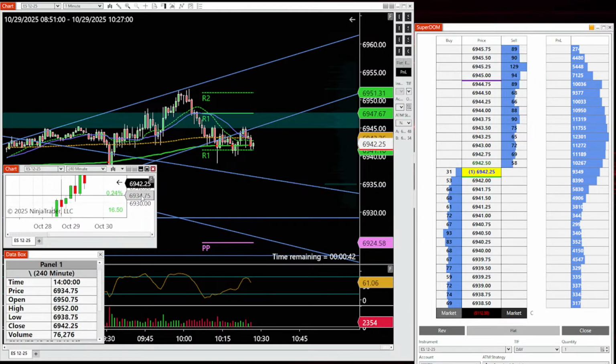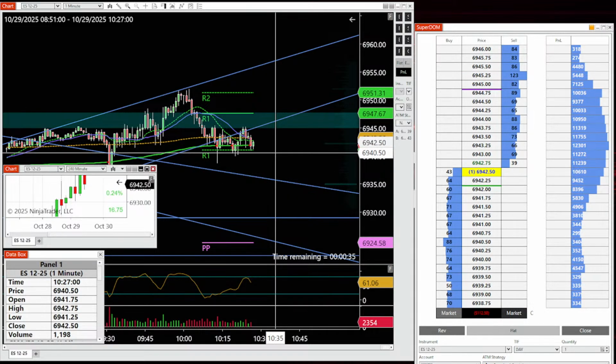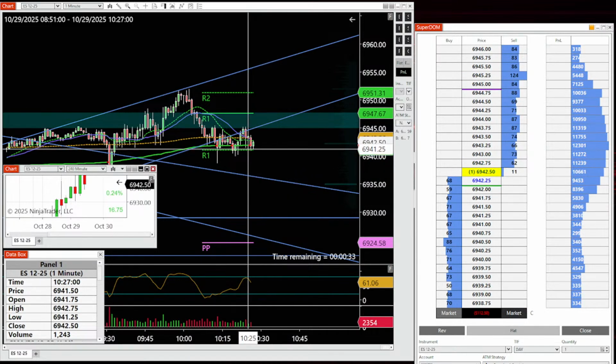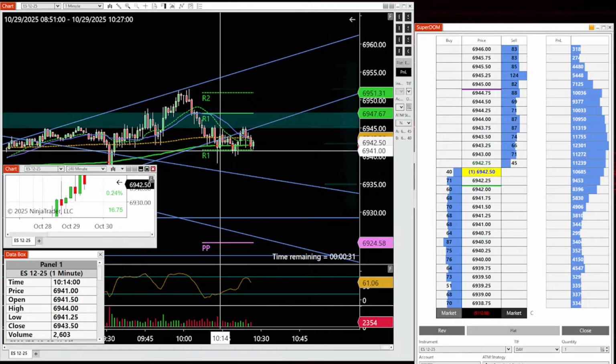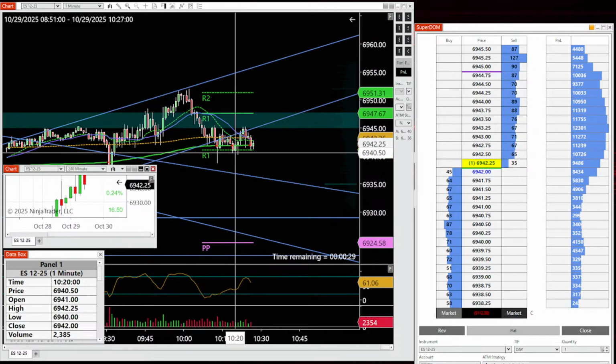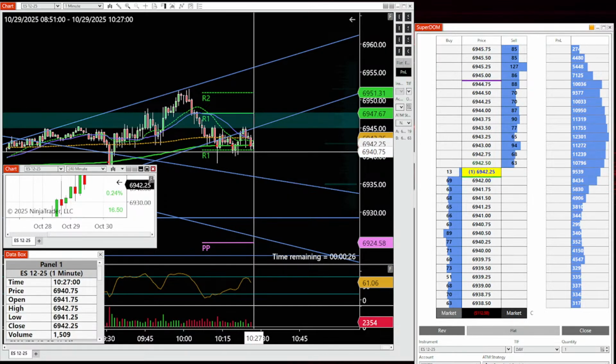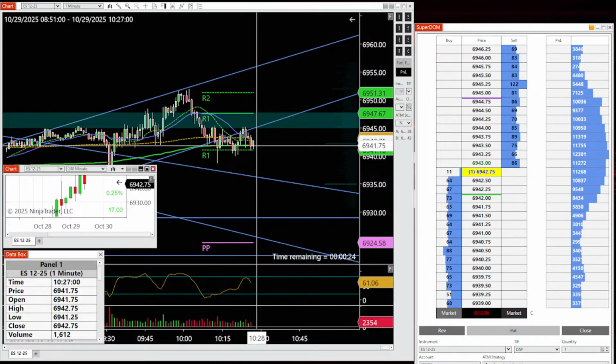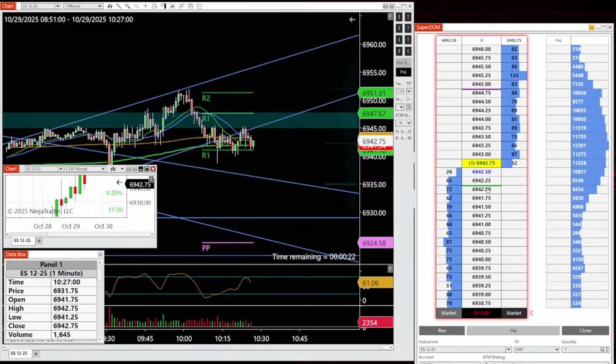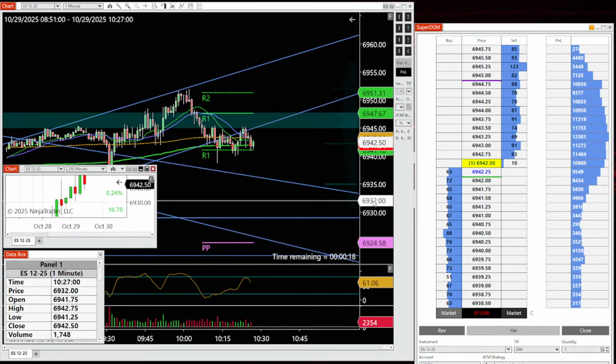Not much. So we over and under VWAP. Below VWAP, over, under, VWAP 42. So we're just going over and under VWAP.